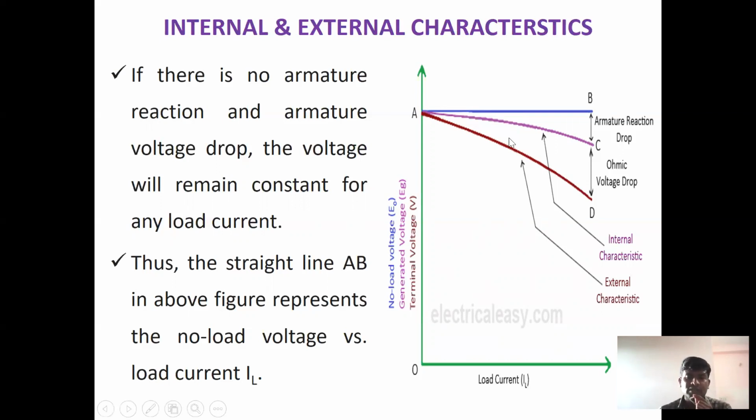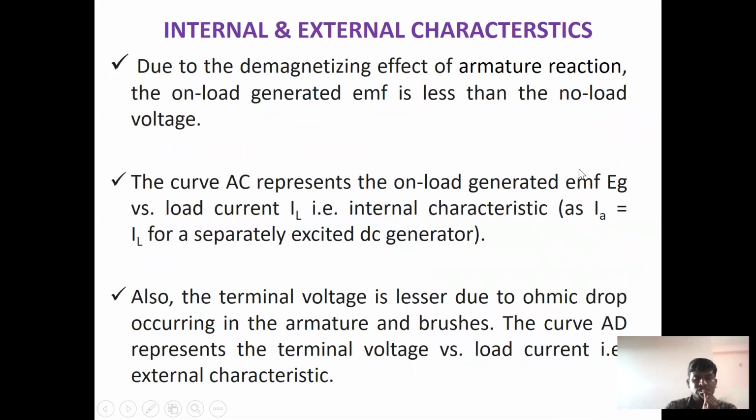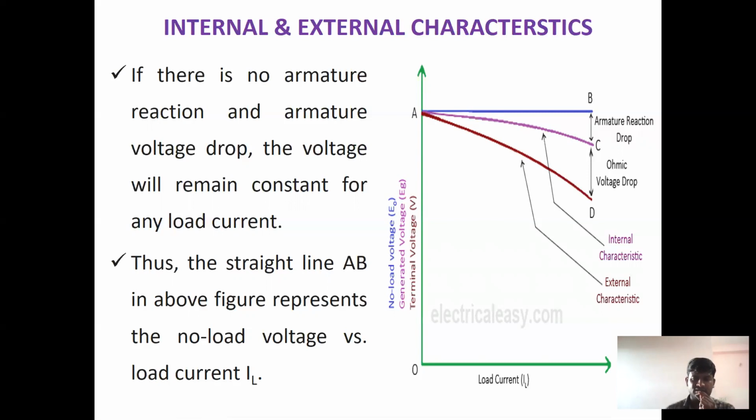So we plot the graph between the induced EMF, generated EMF, versus the field current, that is nothing but the armature current. Due to that, the graph shows AC. That AC is called the internal characteristics.